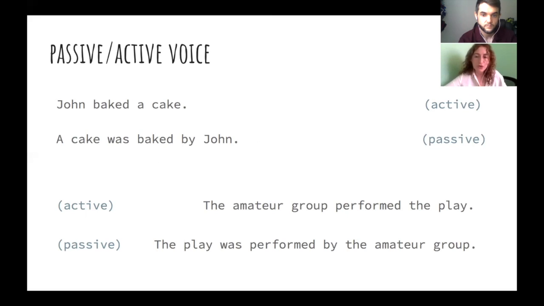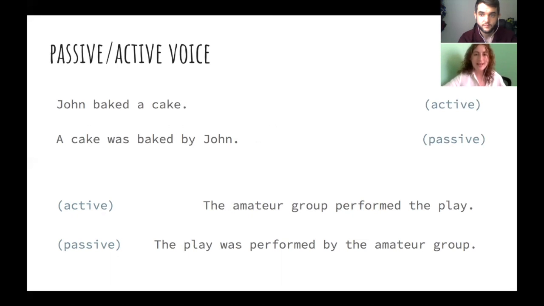The amateur group performed the play. This is active. The amateur group, our subject, is doing something. It's performing a play. Whereas if we change this round to its passive form, it would be the play was performed by the amateur group. So here the subject, play, is being passive. It's not doing anything itself. It's having something done to it.